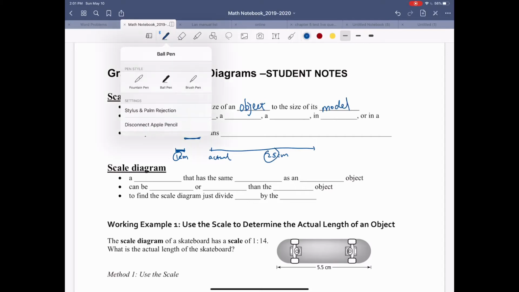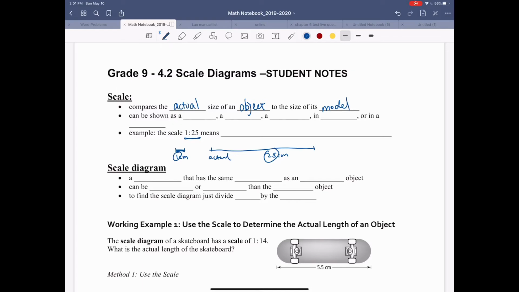Okay, so let's finish the definitions here. The scale can be shown as a ratio, so 1 to 25, or a fraction, like this, 1 over 25, or a percentage.